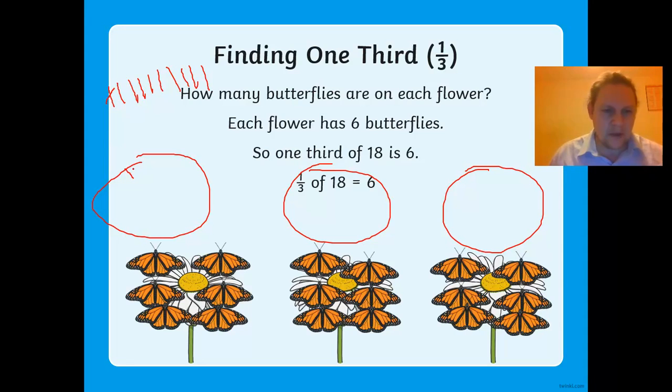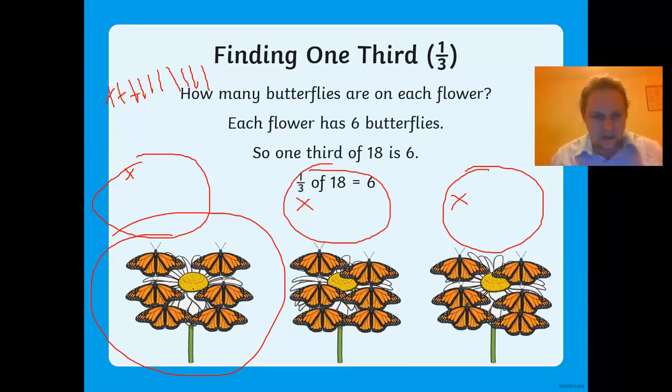Cross that off, and then 1 goes into there. Cross the next one off, 1 goes into this circle. Cross the next one off, that goes into that circle. You keep going until you've done all 18, crossing them off, and then you just count them up. So it's exactly the same as what we saw with the flowers. You'll then see that you have 6 in each group, and you'll then know that 1/3 of 18 equals 6.